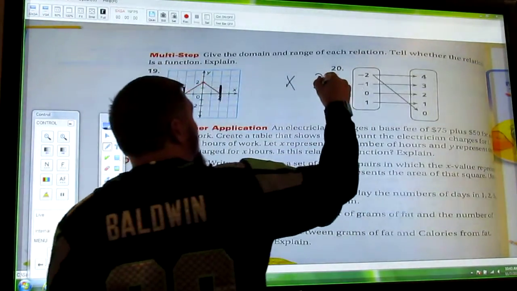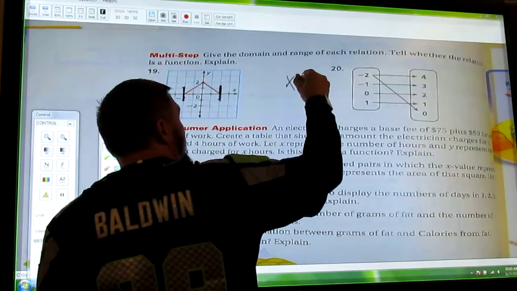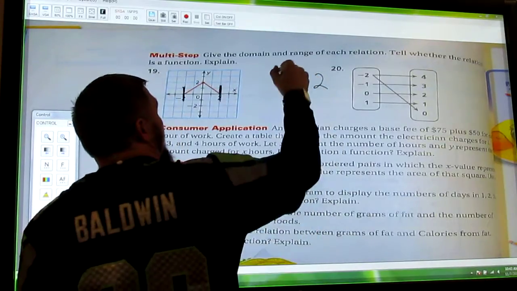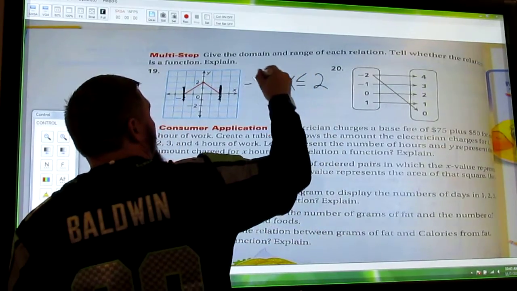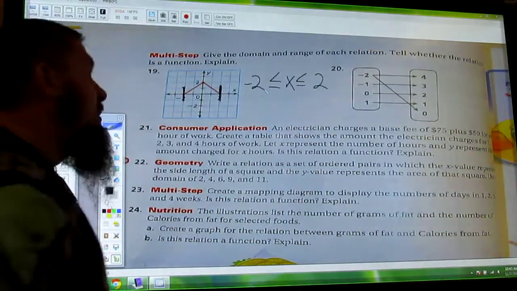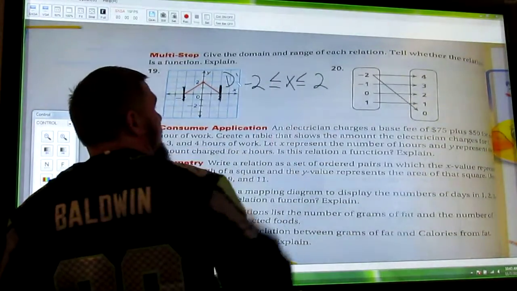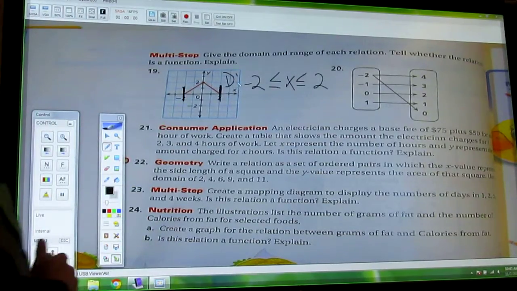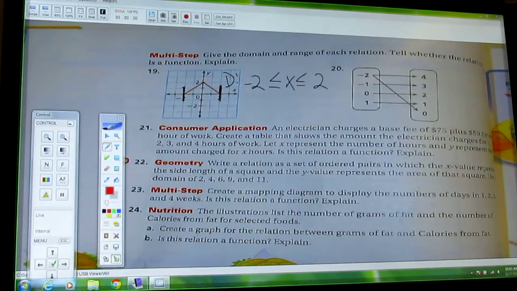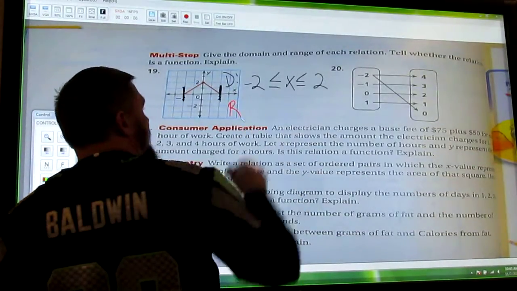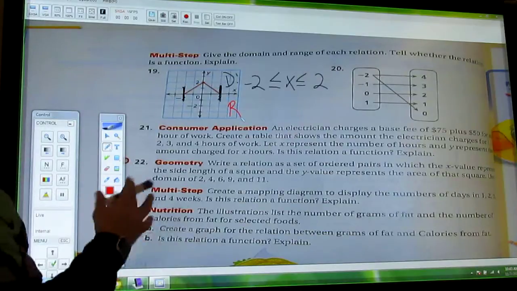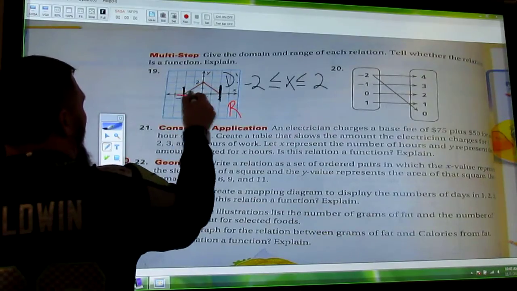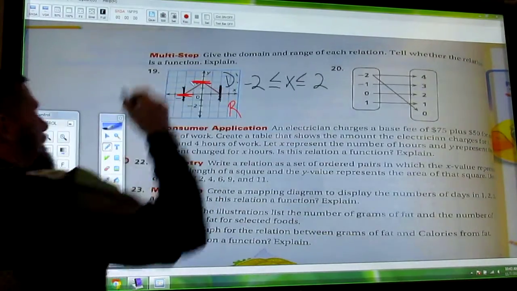X is less than or equal to. And that's the domain. So Richard, you going to help me on this, the range? The range is what? Now what is y? Remember, it just goes from the lowest point to the highest point.